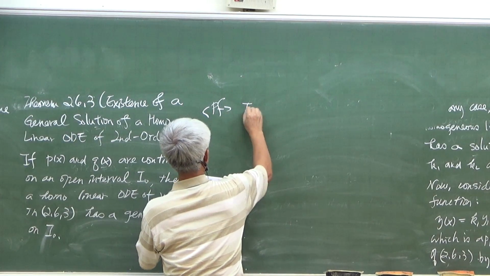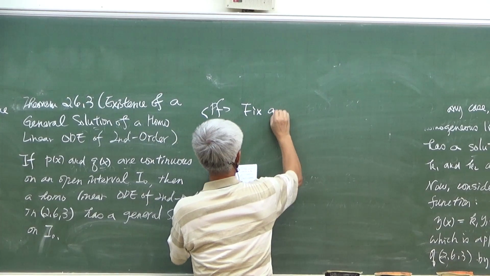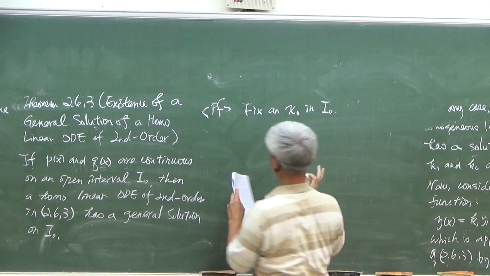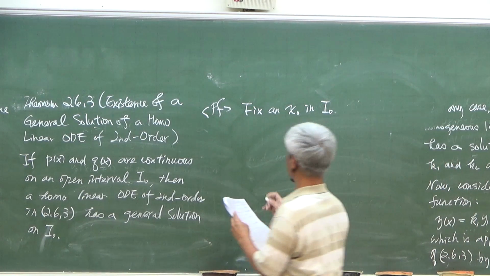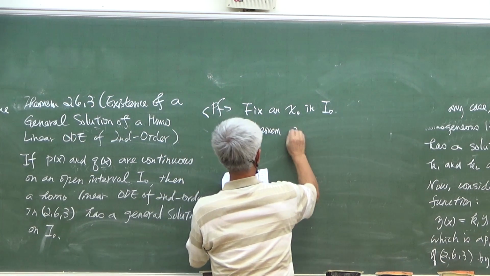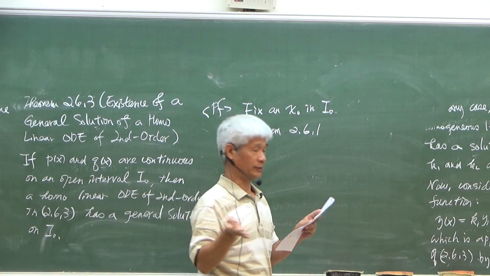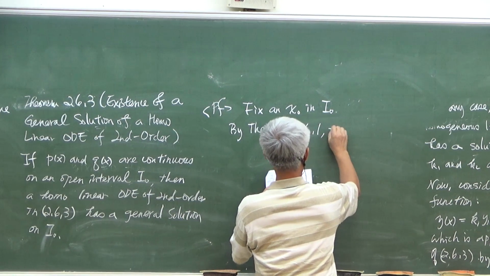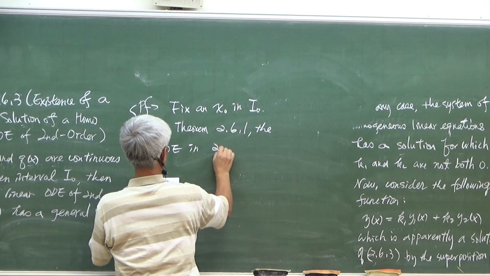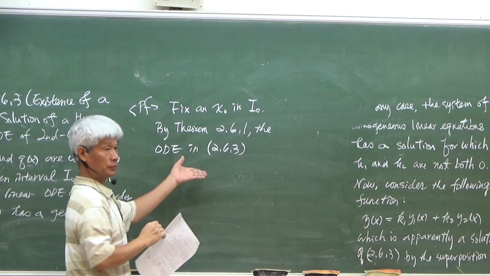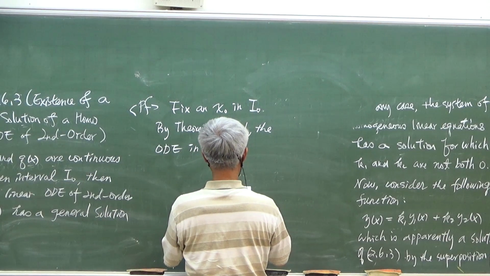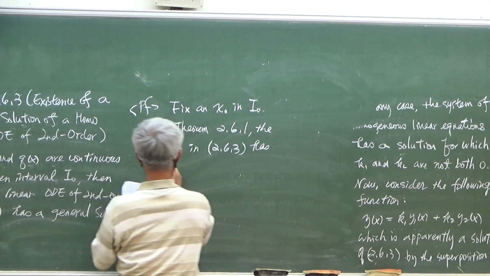First of all, we fix an x0 in the open interval. Now, by theorem 2.6.1, the fixed theorem, the homogeneous linear ODE in 2.6.3 has a solution.